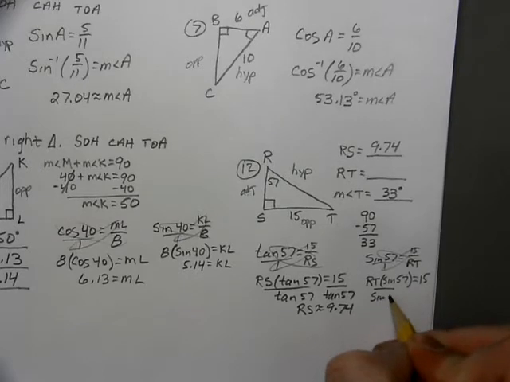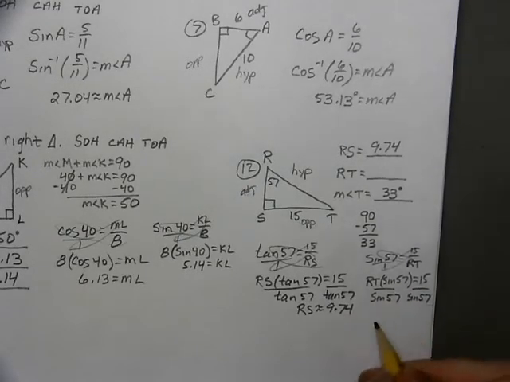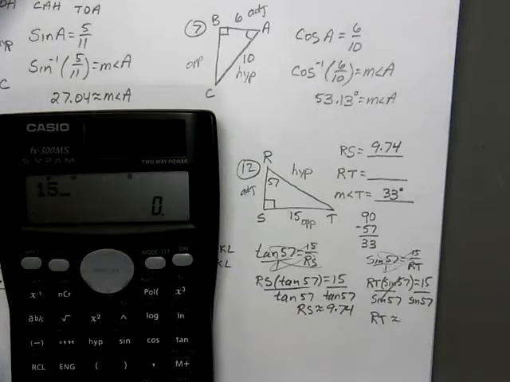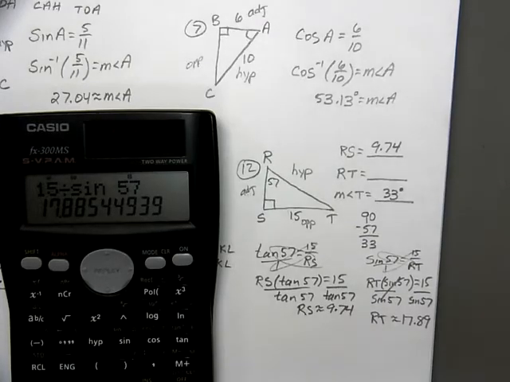Divide by the sine of 57. So RT is approximately 15 divided by the sine of 57, which is 17.89.